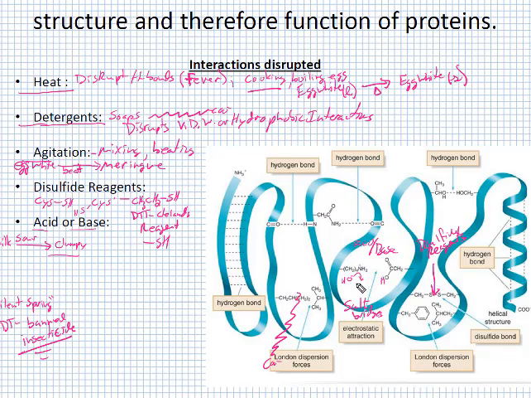It's going to remove one of these hydrogens to form water, and you'll go from NH3 with the plus charge to just NH2. You'll lose the plus charge. If you eliminate the plus charge by adding a base, now the carboxylate doesn't have anything to bind to, and the protein can unravel. So know these different side chain interactions and know how to disrupt each one of them.